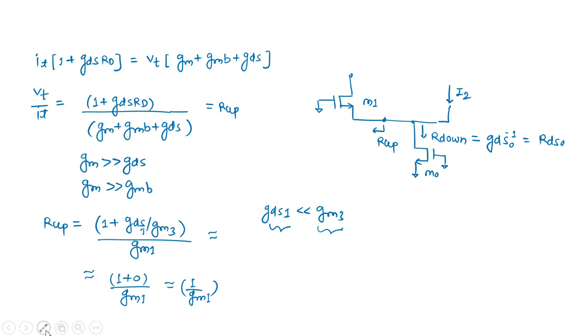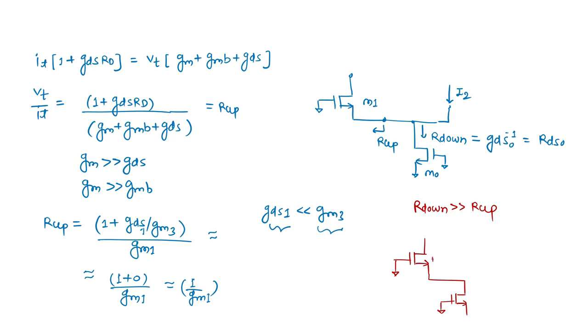So what we can say from here is that R down is much greater than R up. Whatever current is coming from the transistor M2 goes completely toward the transistor M1.